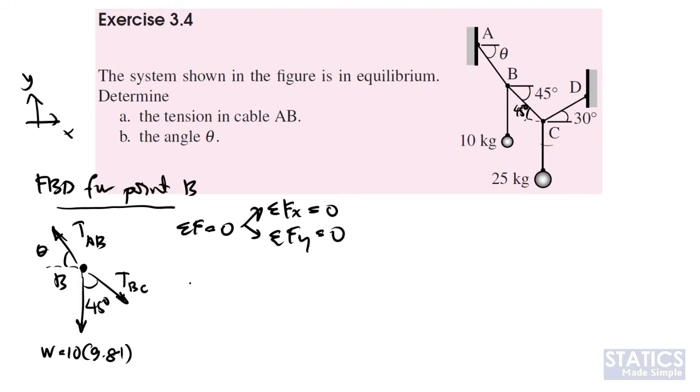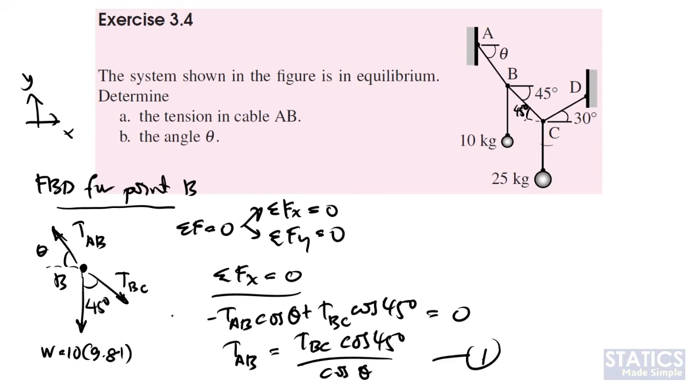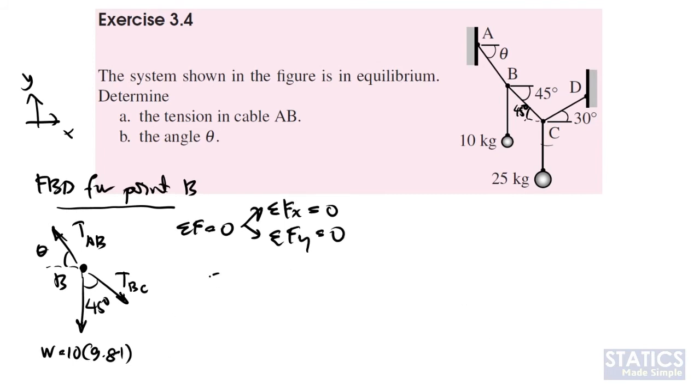So that's what we are going to do. Let's take summation of force along x equals 0. We have minus TAB cos theta plus TBC cos 45 degrees equals 0. We can rearrange this to get TAB equals TBC cos 45 degrees over cos theta, and take this as our first equation. Next, summation of force along y equals 0.